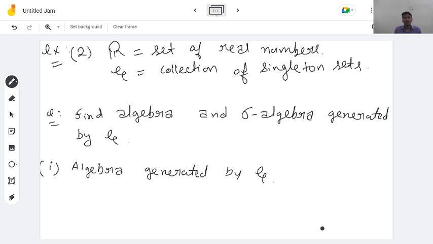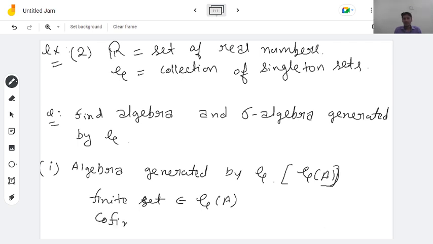Once again we have the collection of singleton sets, and we are allowed to take finite unions there. So once again all the finite sets will be there. Take it as the algebra of C. Now all the finite sets belong there, and once the finite sets are there, cofinite sets are also there.